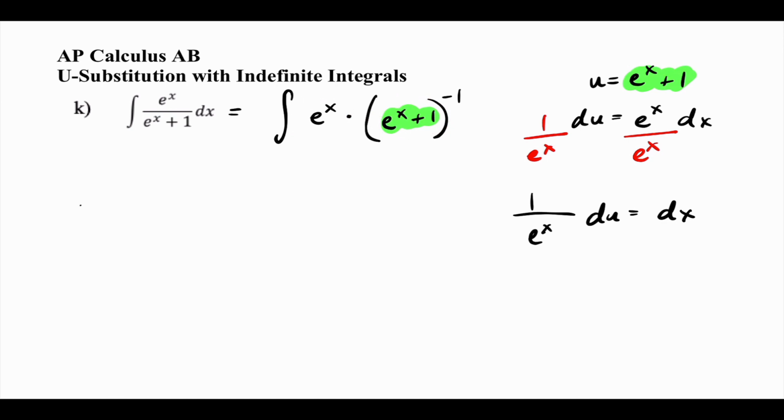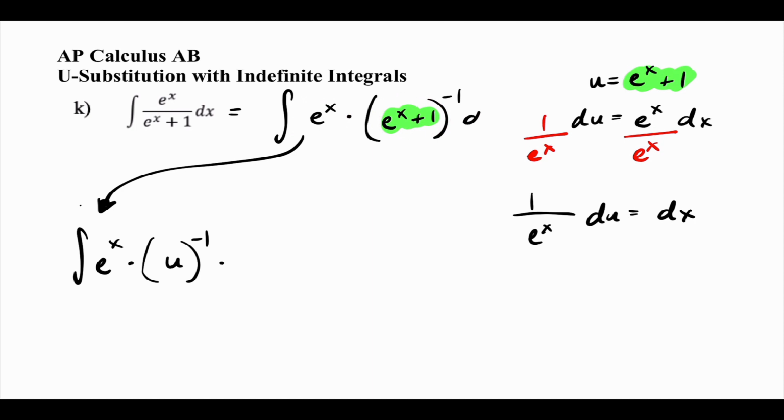Substitute. e to the x stays e to the x because I didn't do anything with the first e to the x. Times, parentheses, u to the negative 1. Oops, I forgot I have to solve for dx. Instead of dx, 1 over e to the x du.